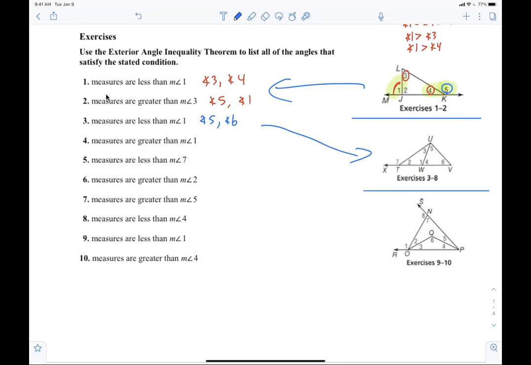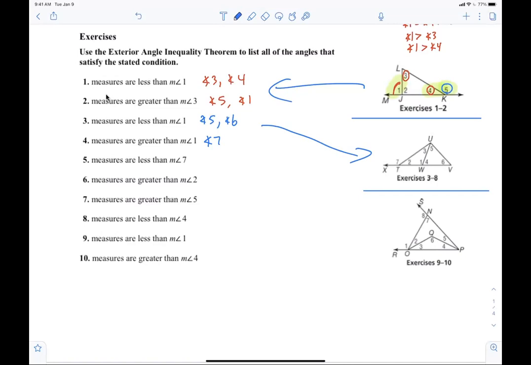Okay, good. Lucas, you're up. Measures that are greater than measure 1, number 7. I just think that's angle 7. If you think it's something different, I can totally be overlooking something, so just let me jump in. You might be right.